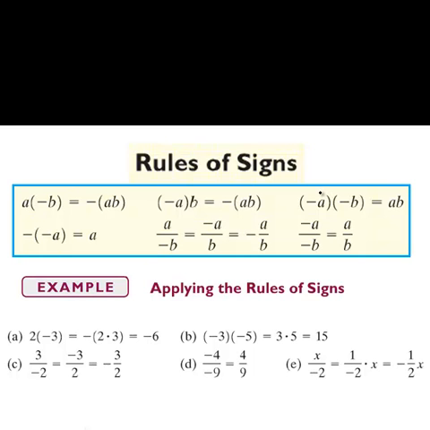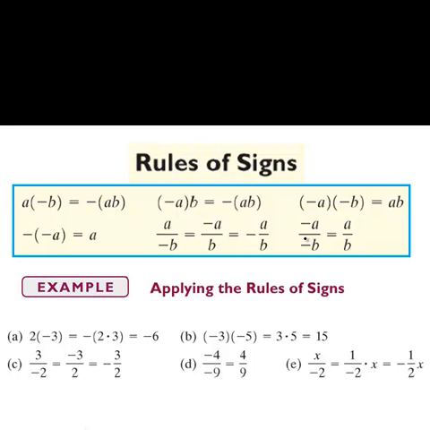If you take a negative times a negative number, the two negatives cancel. The negative of a negative number gives you the original number. If you have a negative in a fraction, you can apply that negative to either the denominator, the numerator, or pull it out front. If you have a negative over a negative, the two negatives cancel.